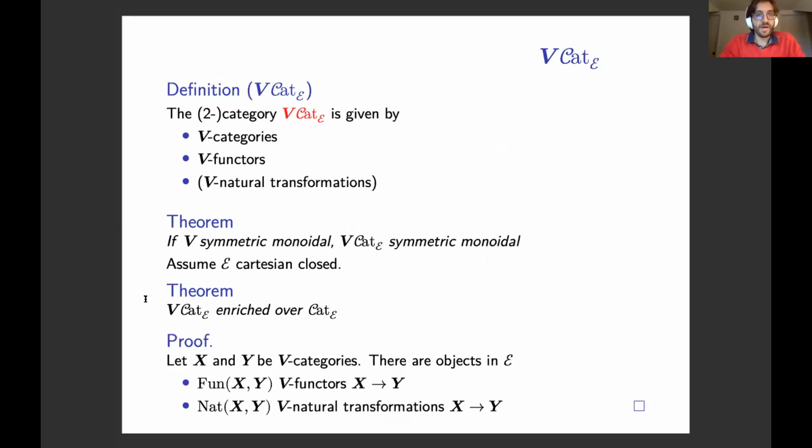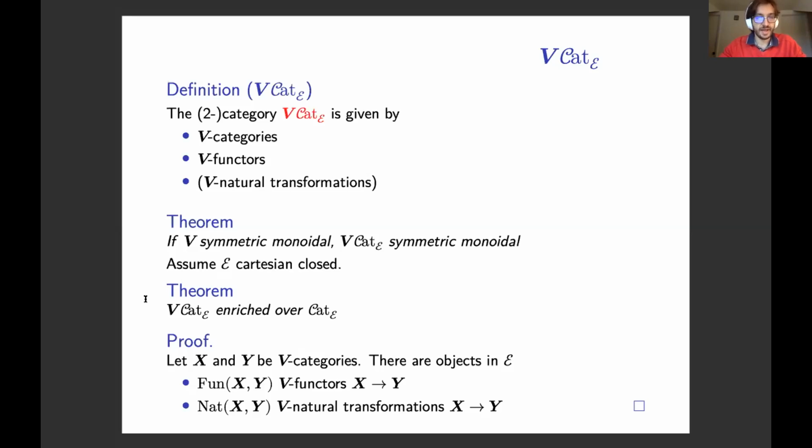So we can see that V categories, V functors, and V natural transformations form a 2-category, and that if the enriching category V is symmetric monoidal, then the category of V categories is symmetric monoidal as well.